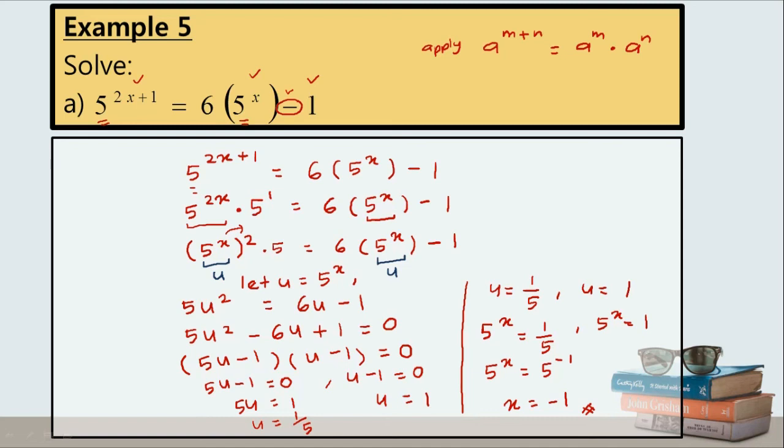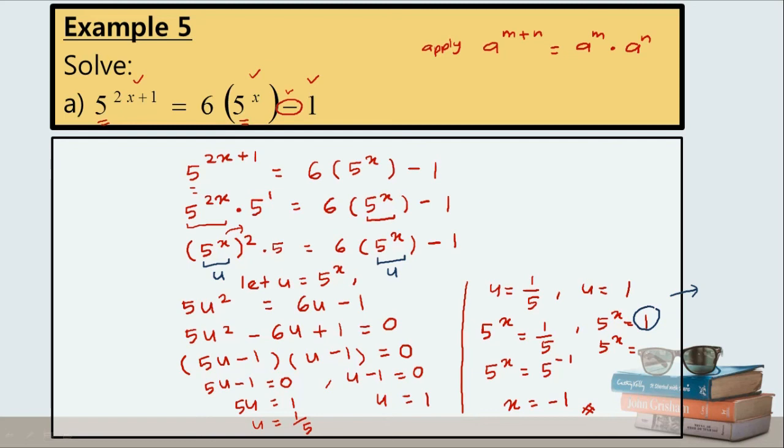Okay, there are many methods that we can use to find this value of x. So, one of the methods is, we have 5 to the power of x. Since we have 1, if you still remember, any number to the power of 0 is equal to 1.